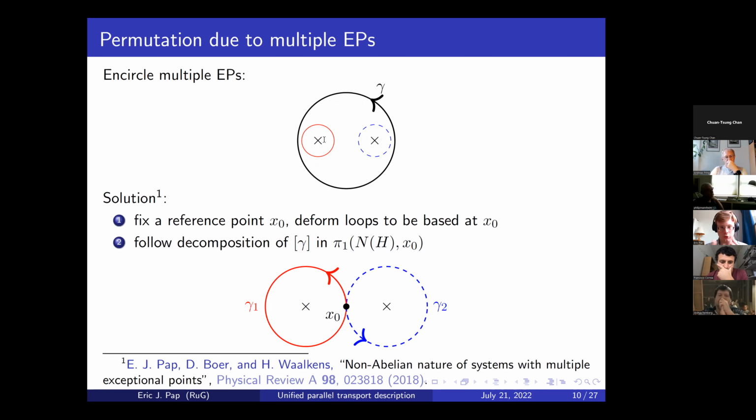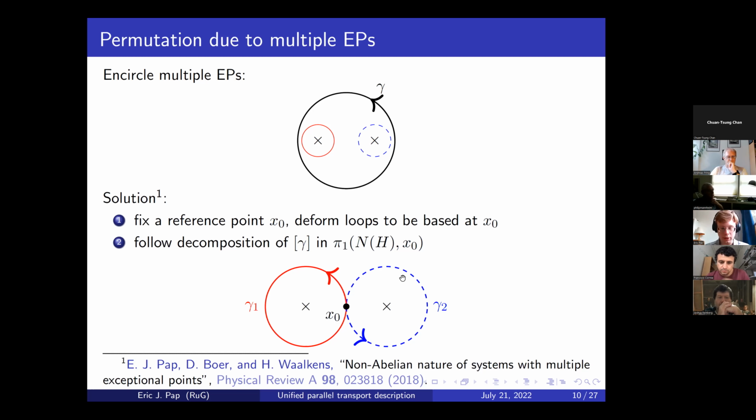First, this picture is not really honest. You may have this mentally in your mind, but if you want to compose permutations, you should talk about the permutations of one and the same reference spectrum. So you should fix a reference point, for example just a point here in the middle, and then make sure that all your loops start at this point. You should deform your loops to get a picture like here.